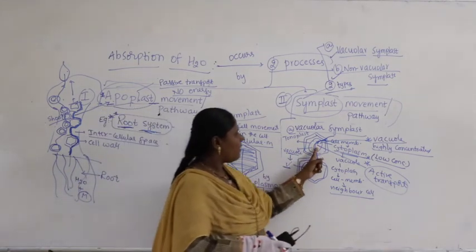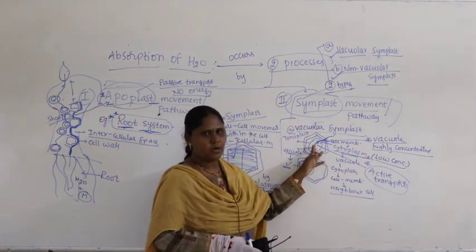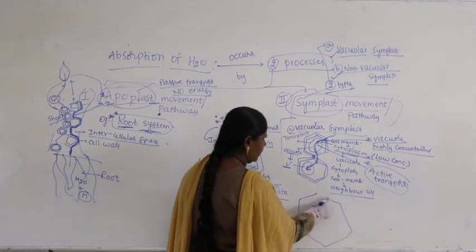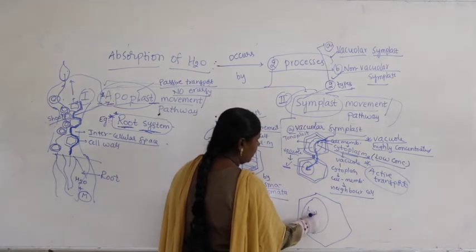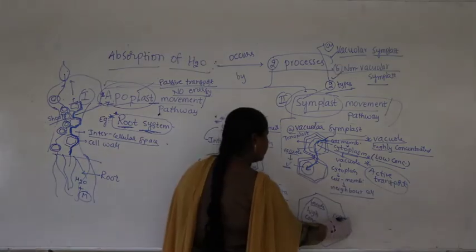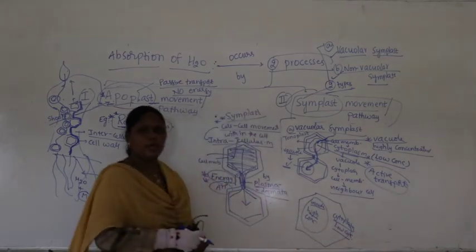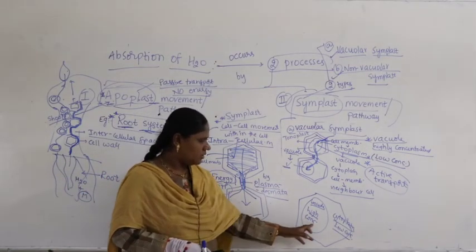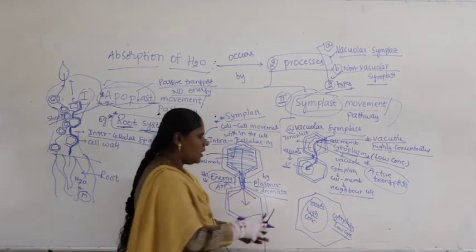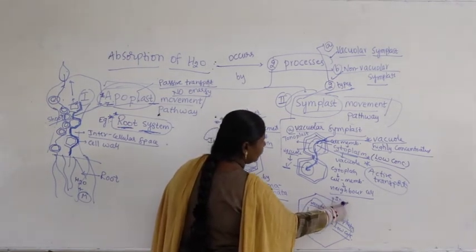Within the plant cell, the vacuole is highly concentrated, meaning the vacuole contains high concentration, and the cytoplasm contains low concentration. Where to where is the movement happening? Low concentration to high concentration. So what's happening here? It's called symplast.